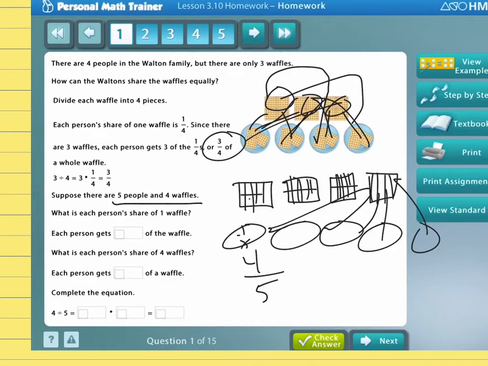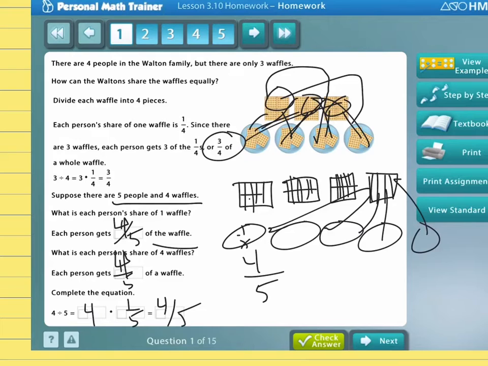So 4 divided by 5 is the same as 4 times 1/5, keep change flip, and that's 4/5.